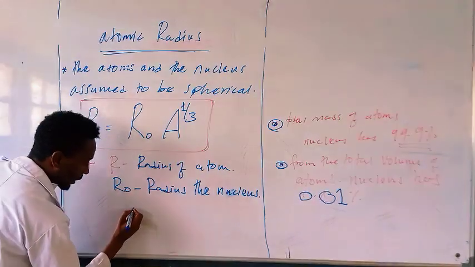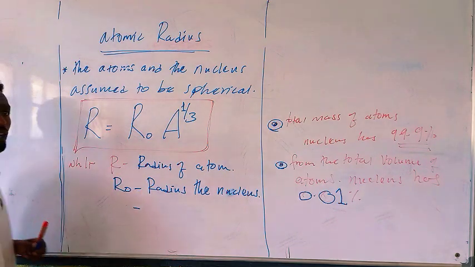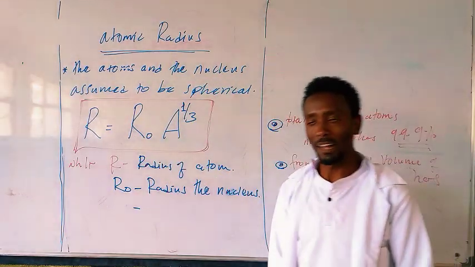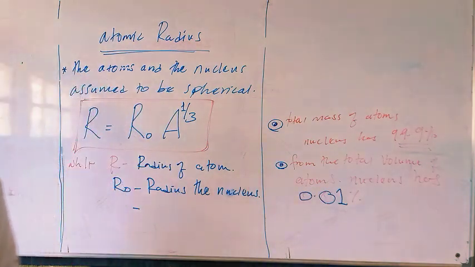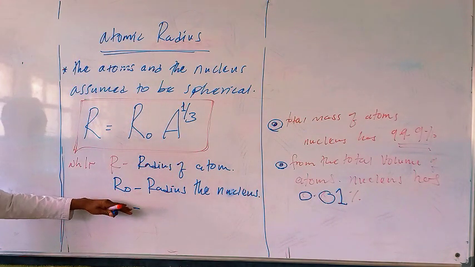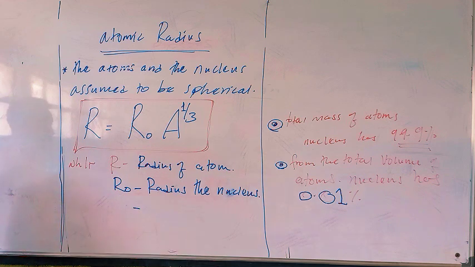Then the radius of the given nucleus is constant for all nuclei. You must always know that the radius of the nucleus of any atom is constant.